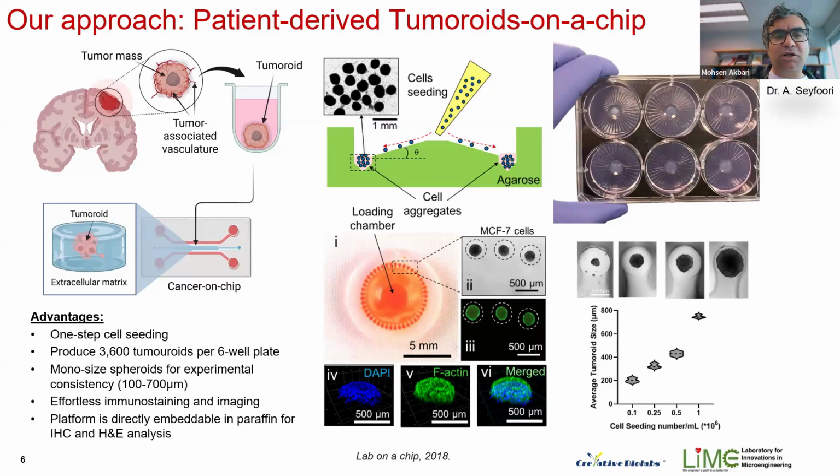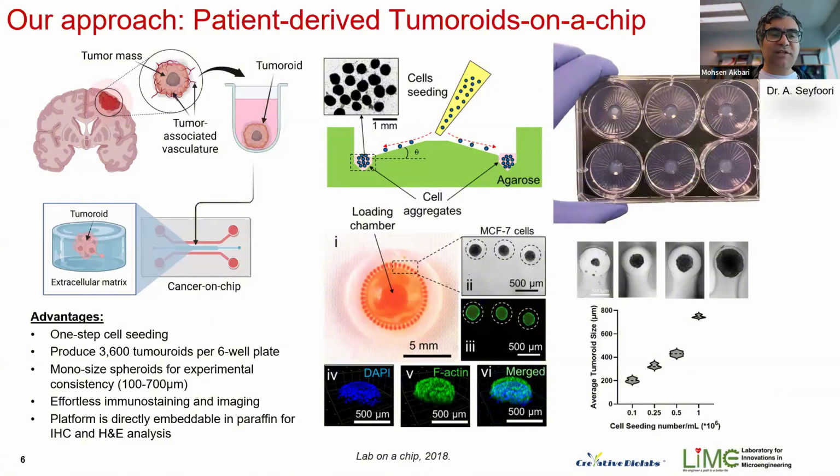So these microwells are connected to this loading chamber via inclined microchannels. This unique design enables us to seed the cells in the loading chamber, and then the cells roll down and distribute between all of these microwells uniformly to achieve cell aggregates and eventually tumor spheroids, which we call tumoroids.